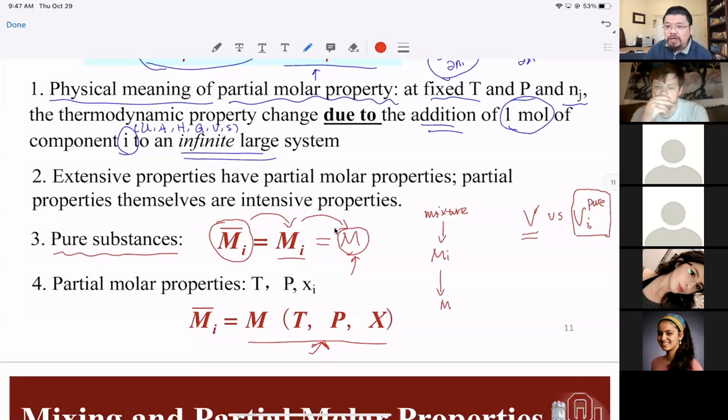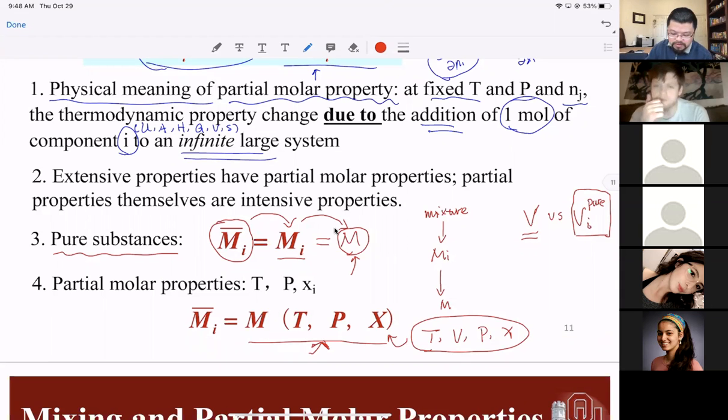So any property we've defined so far in thermo, we are always trying to express as a function of PVT and composition. Those would be the choices we have. And we try to express the whole universe using TPVX. So that's another reminder that moving forward, we may manipulate and try to express those properties as a function of PVTX.